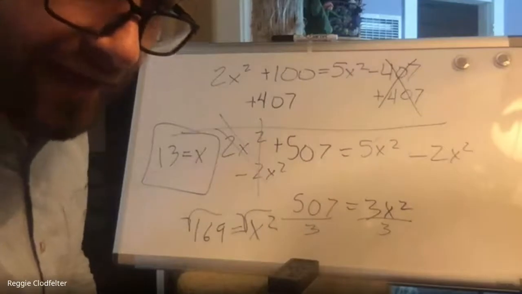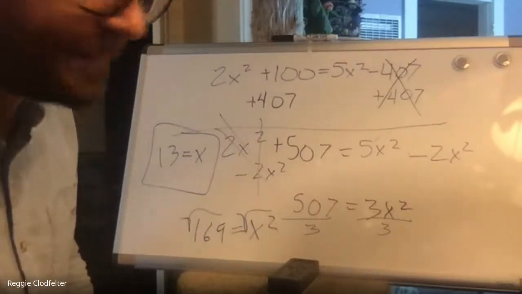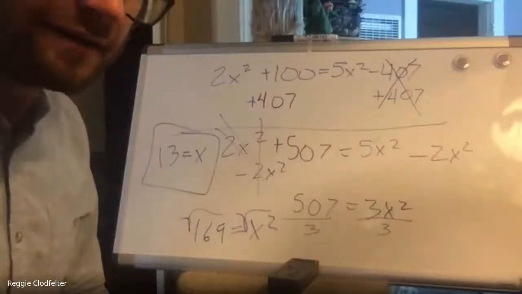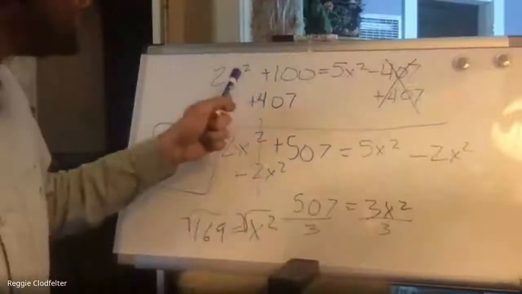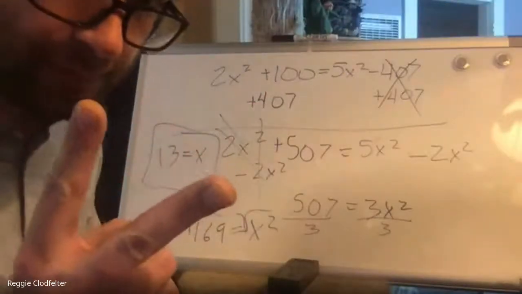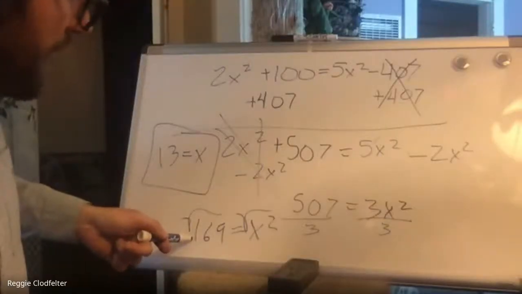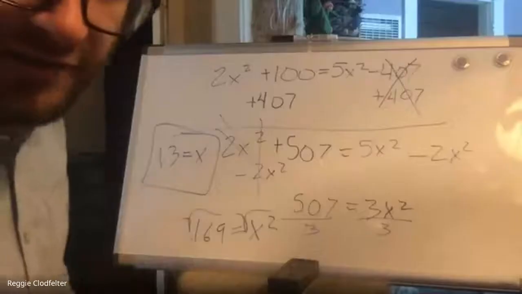Remember what we said about how an equation with a degree of 2 would have 2 solutions? What degree does this equation have? 2. It's a quadratic. So there should be 2 solutions, right? I'm taking the square root of 169. 13 squared equals 169.